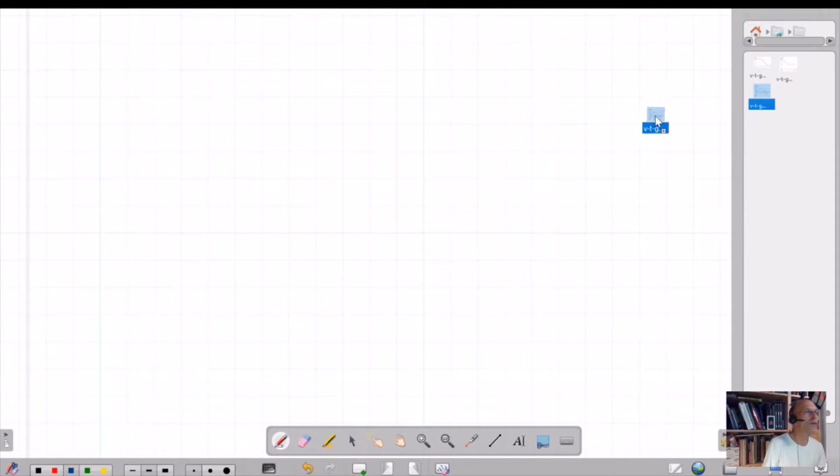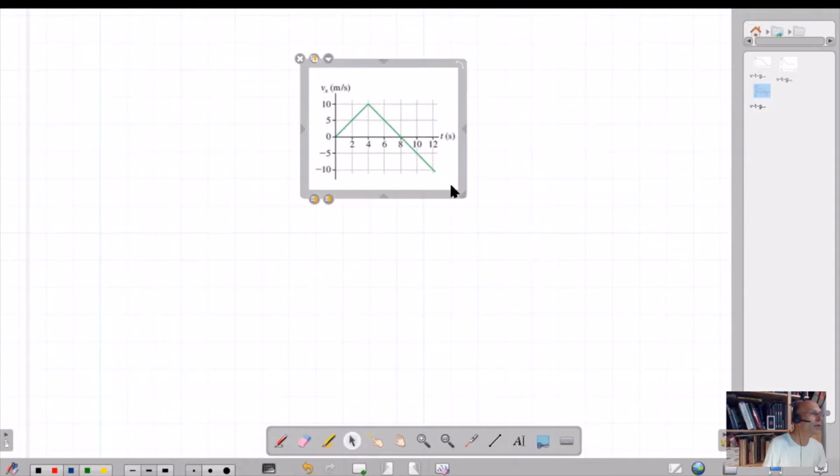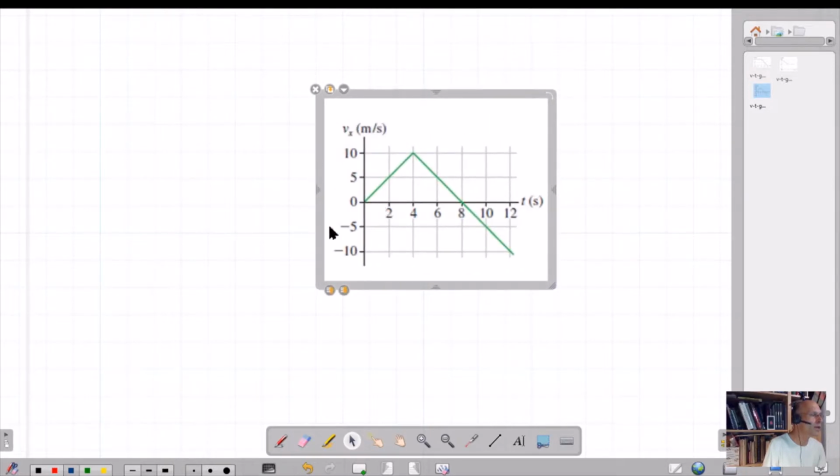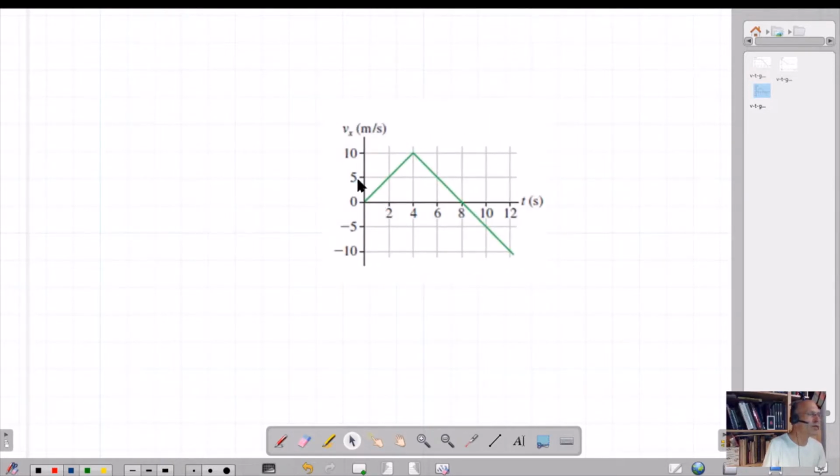Now, if we look at this graph and interpret the area to find the displacement, then for this graph, each block is worth 5 times 2, or 10 meters. One block equals 10 meters. So we can actually interpret where this object ends up just by looking at the graph.